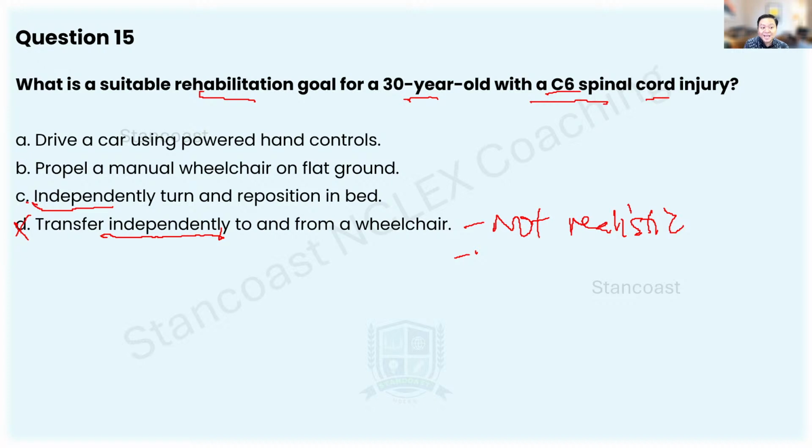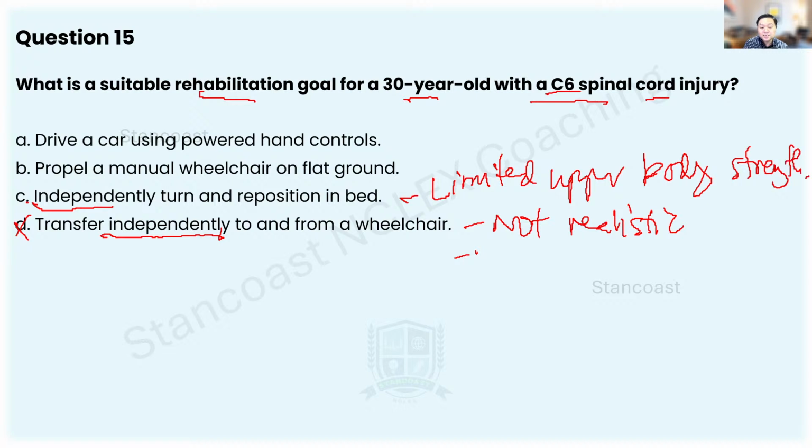The patient has what? Limited upper body strength. This is the main issue in this patient. They don't have the coordination to do this on their own. So they will not be able to do both C and D.